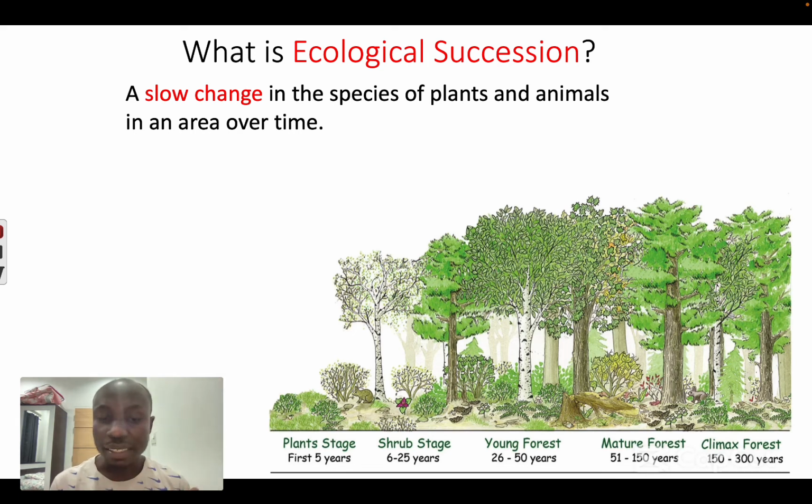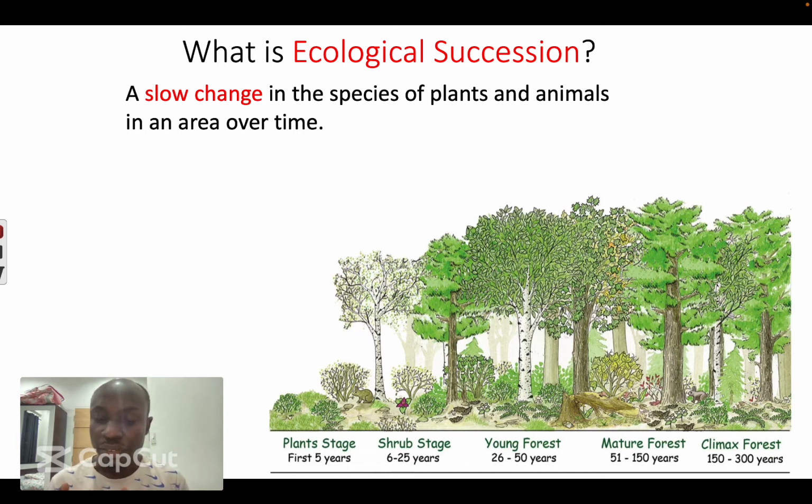Now, ecosystems are always changing in a very slow way. So in the picture on the screen, you see that in the first 5 years, there may be small plants which live on a piece of land in the ecosystem, maybe a moss, maybe other types of bryophytes.